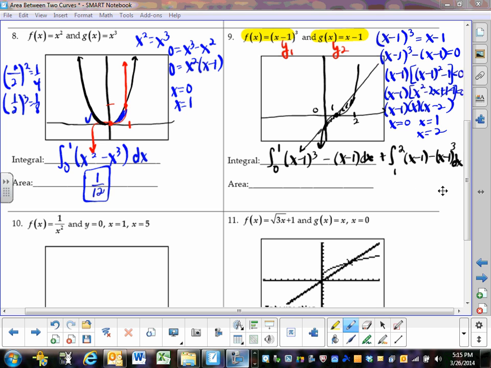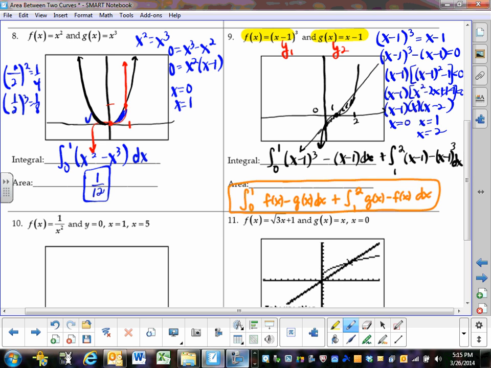But you can still get the first points either way on the free response. On a free response question, I could have written this as 0 to 1, f of x minus g of x dx, plus 1 to 2, g of x minus f of x dx, and gotten full credit to bank those first 2 points.